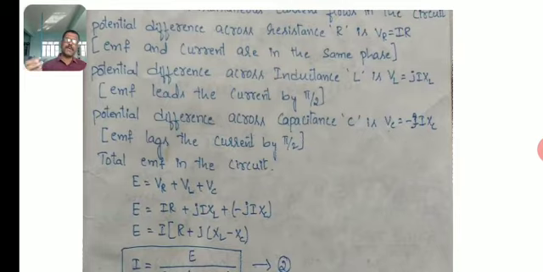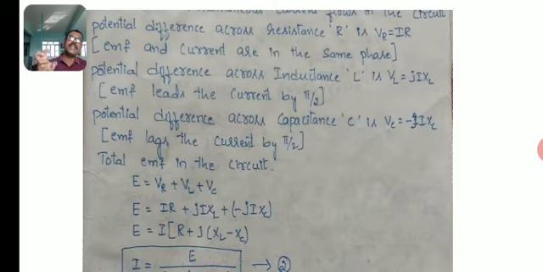In a pure capacitor AC circuit, EMF lags the current by pi by 2, or current leads the EMF by pi by 2. Similarly, we determine the relation between current and EMF in an LCR series circuit.